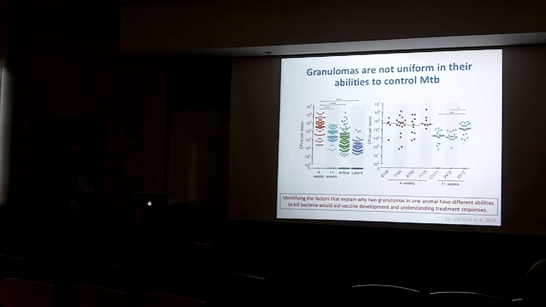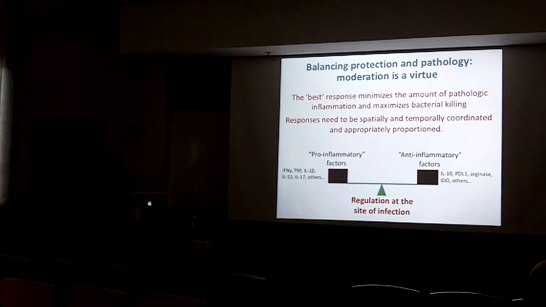Understanding why you have granulomas that are protective and have sterilizing immunity versus granulomas that don't seem to have any protective benefit at all is a really important thing that needs to be done. This would benefit vaccine development because we don't really have a good feel for what the correlates of disease or correlates of protection are at the site of infection, and it will also help with understanding how treatment occurs.